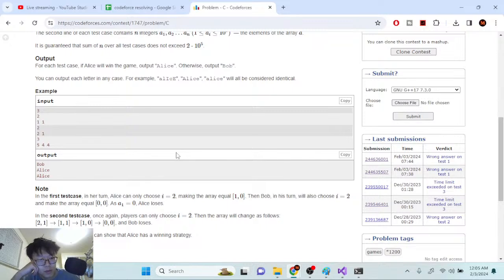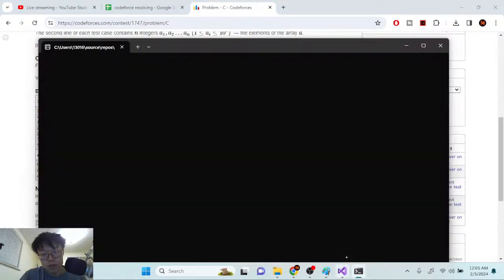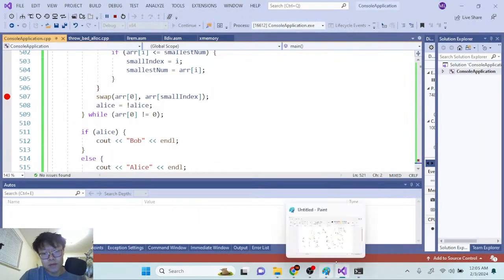Bob loses. Swaps 1. Bob loses. When the game loses, the game loses after the turn.